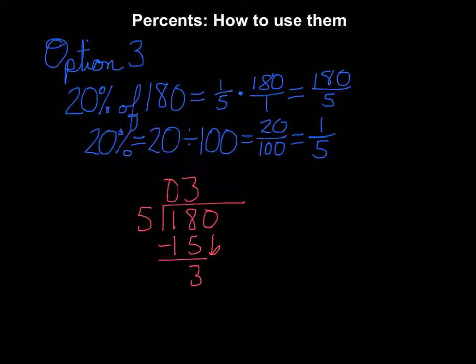And then I bring down my 0. Now 5 goes into 30 6 times. And since 6 times 5 is 30, I know it goes in evenly, so I'm just going to stop there with my division. So my answer, and I know this comes as a great surprise after the last two options, is 36. And that's how we do option 3.